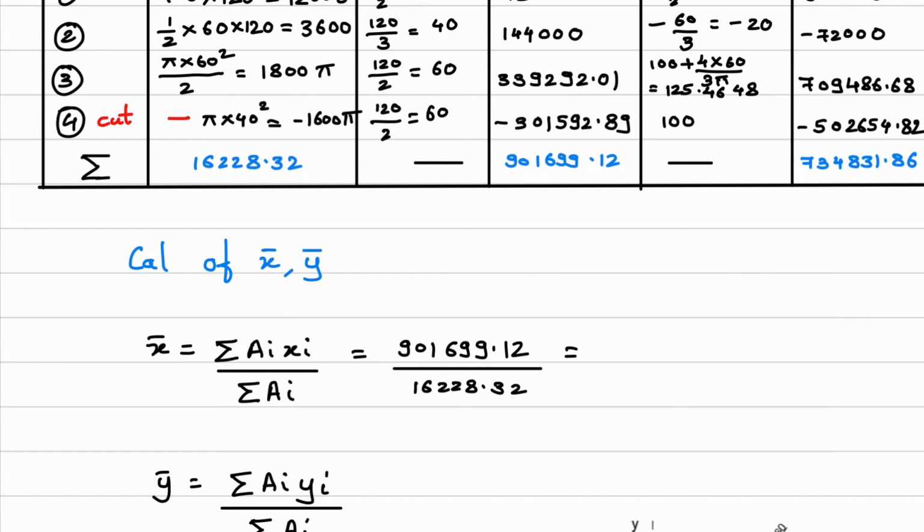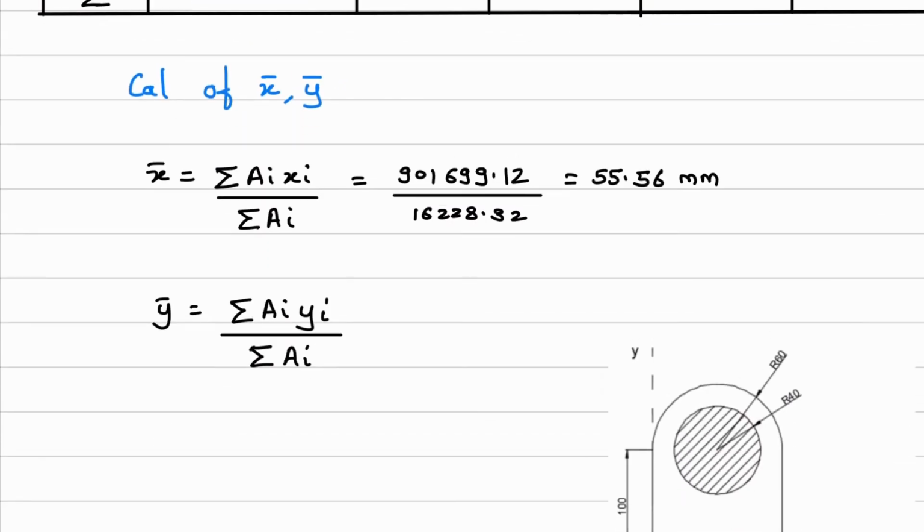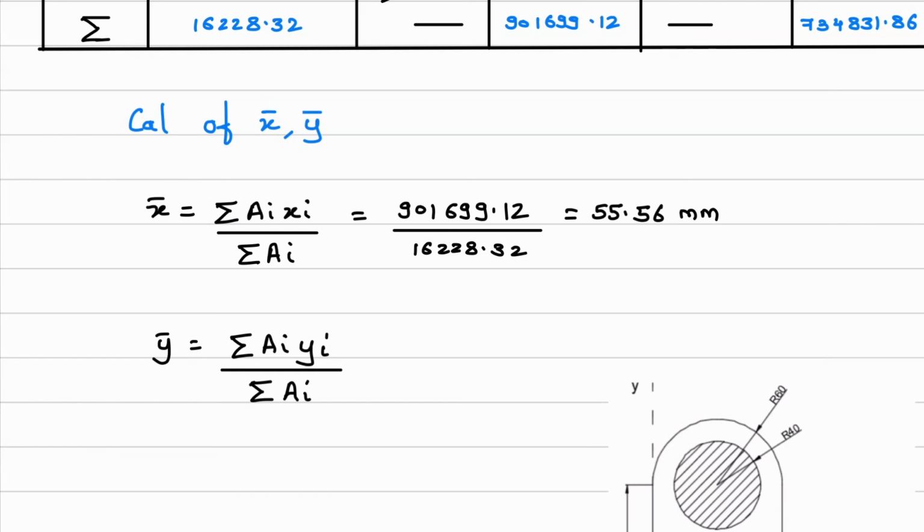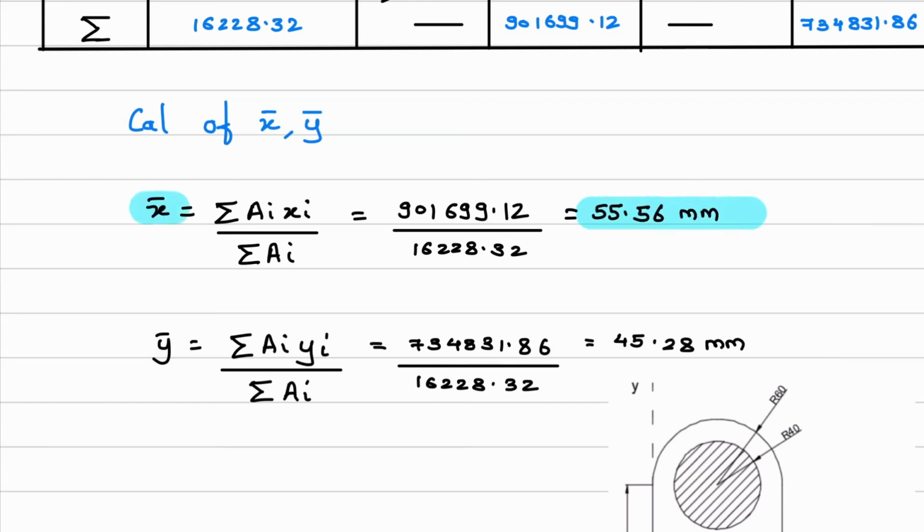X bar is 55.56 mm and Y bar is equal to, from here we can calculate Y bar, 45.28 mm. So X bar is 55.56 mm and Y bar is 45.28 mm.